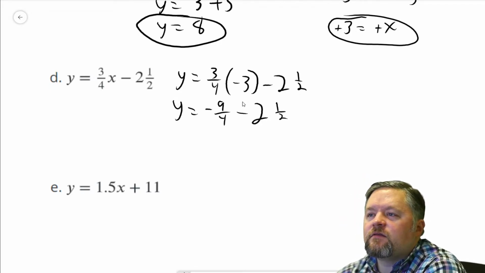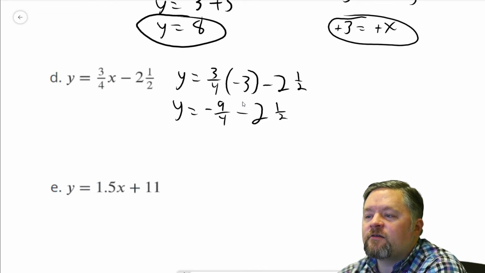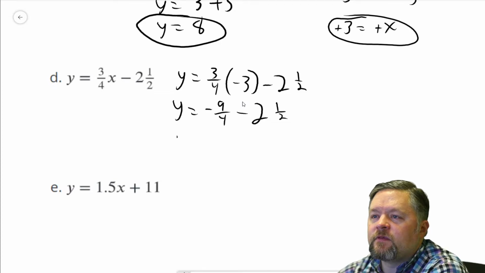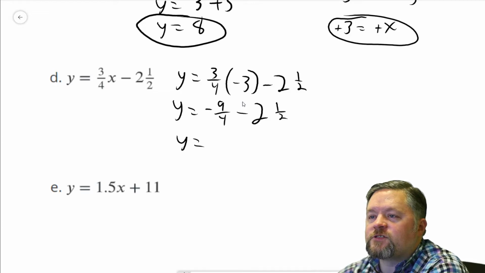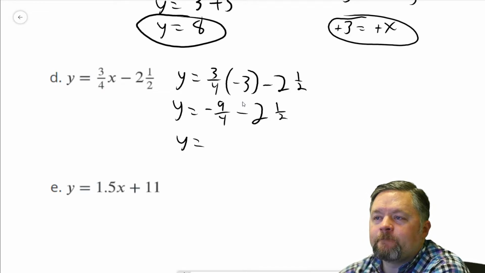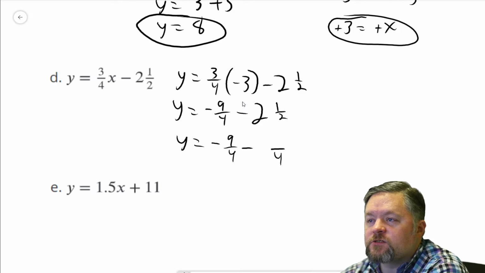Okay. Let me give these a common denominator. Common denominator between halves and fourths is fourths. So 1/2 is 2/4.